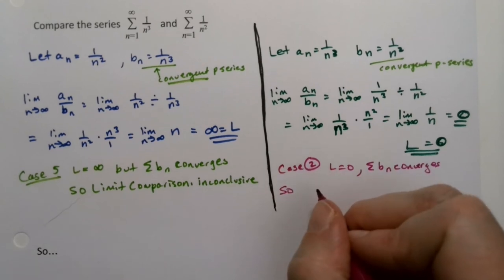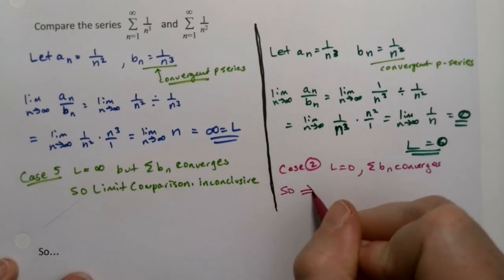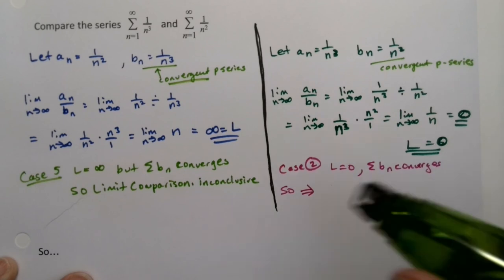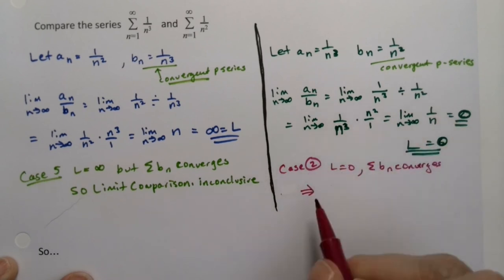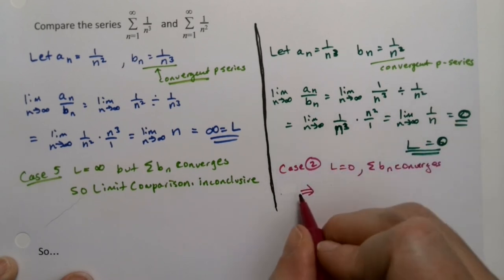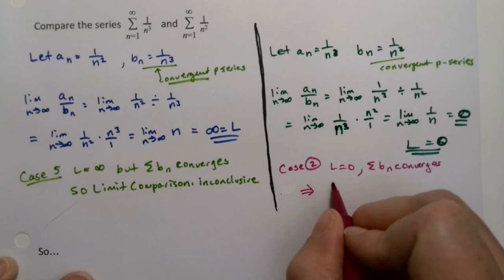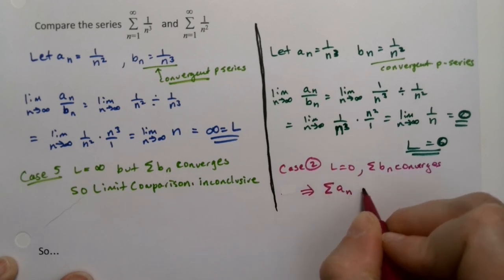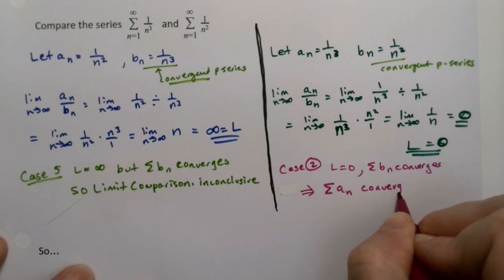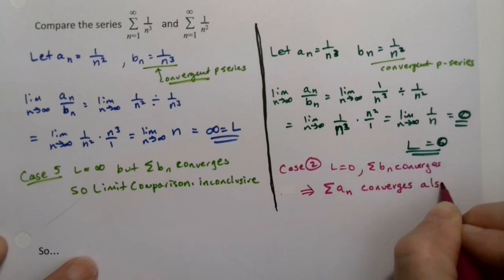So that implies that the a sub n series converges also. Yay.